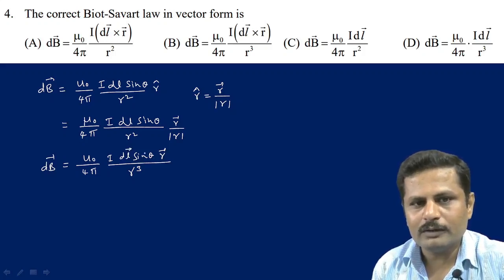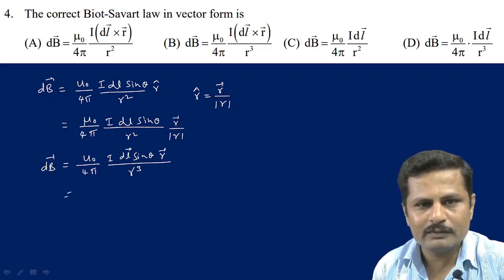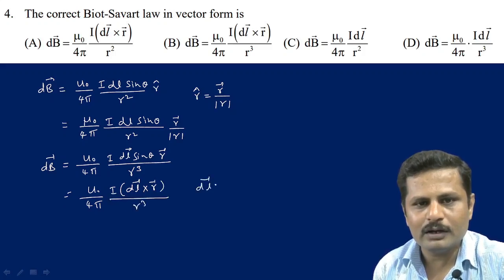So dB vector is equal to mu naught divided by 4 pi, I dl cross r divided by r cube.